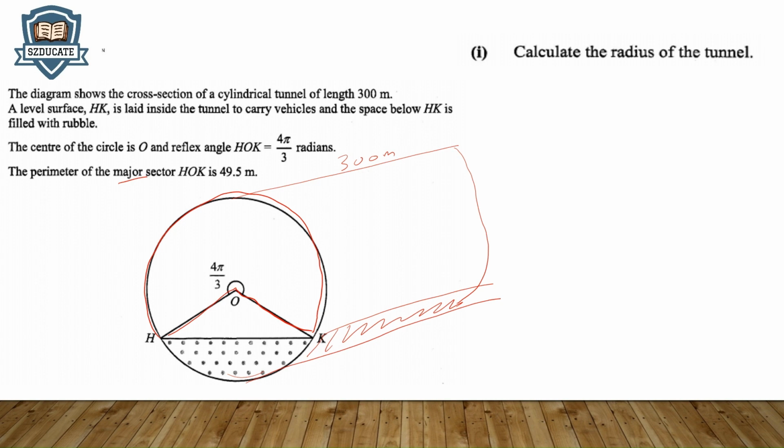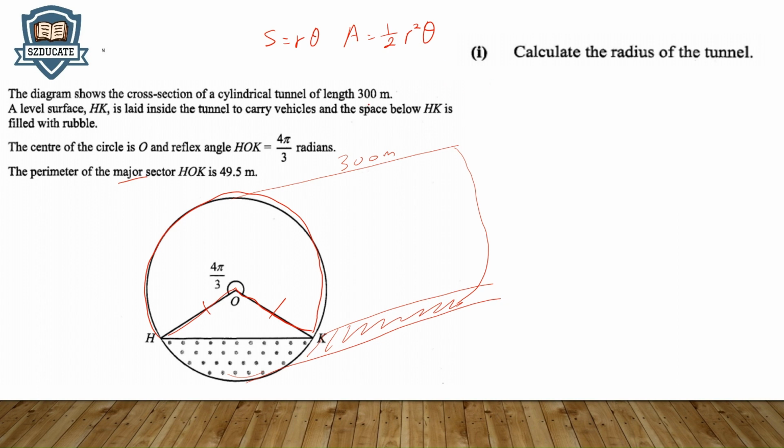If we minus away the two radius, which is this part here and this part here, then that will give me the arc length of this major sector. Now recall your formulas. S equals r theta and area equals half r squared theta, the two formulas given to you in your textbook.